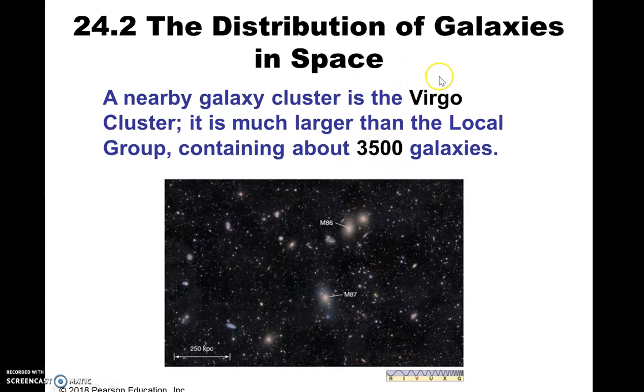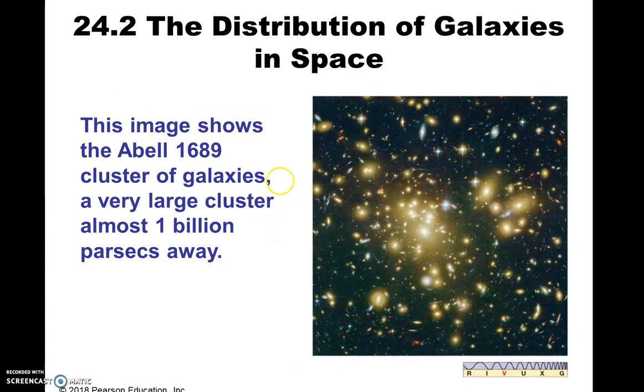This Virgo cluster, and again, this is a relatively nearby cluster, has about 3,500 galaxies, and there are large elliptical galaxies. There's spiral galaxies. There's all sorts of stuff in the Virgo cluster, and of course there's others.